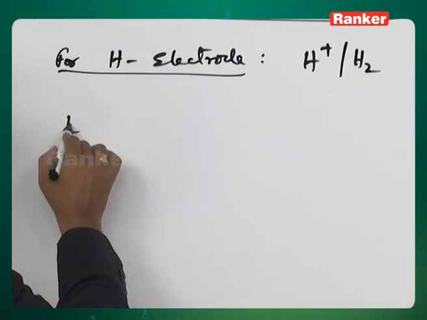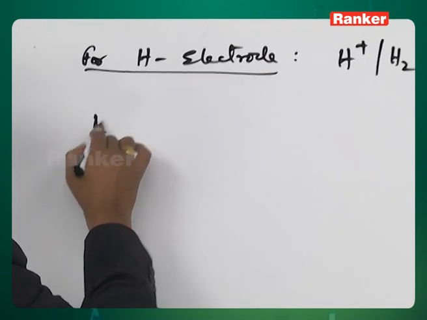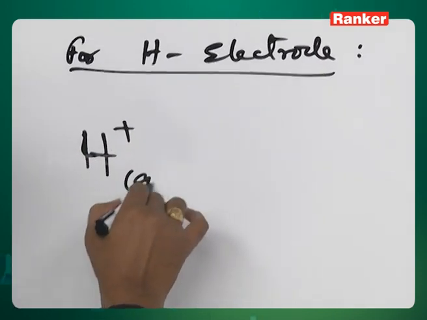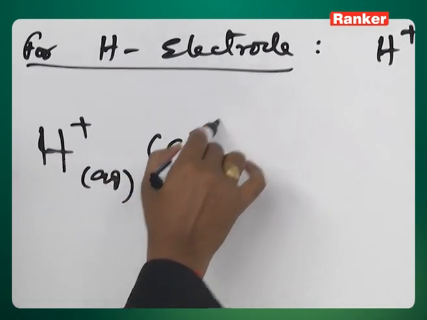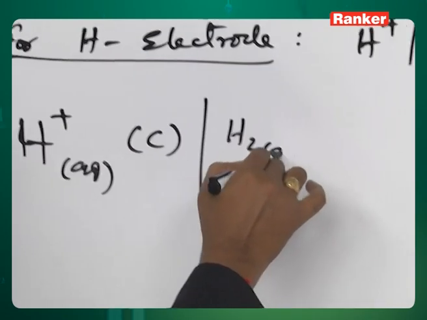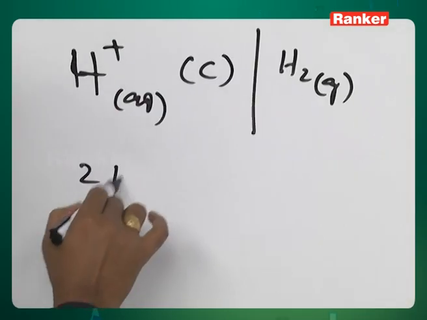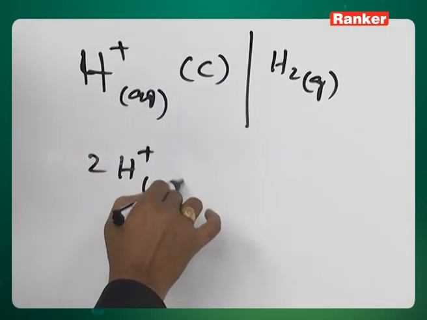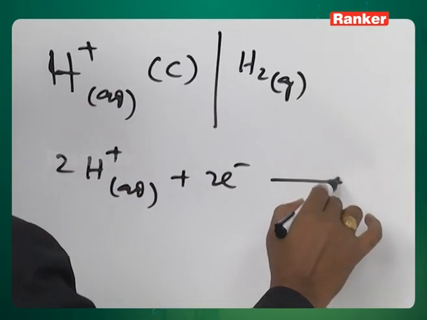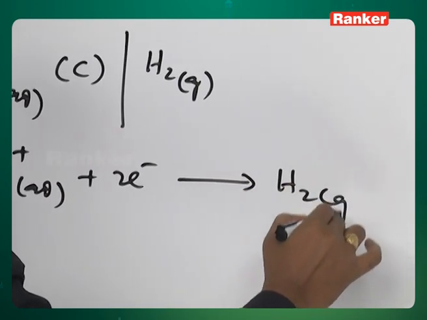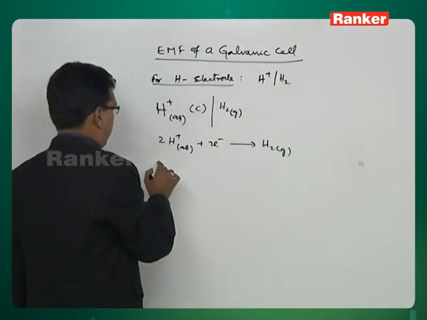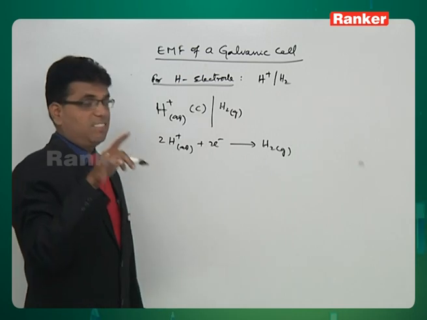The hydrogen electrode we represent as H+ aqueous of certain concentration C, H2 gas. The equation is 2H+ plus 2 electrons to give H2 gas. For this, it is a hydrogen single electrode.